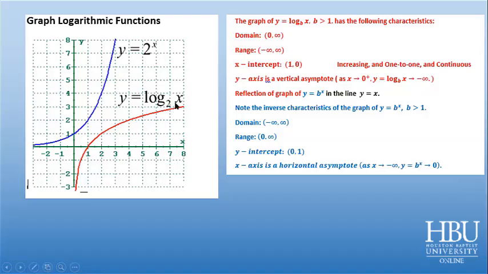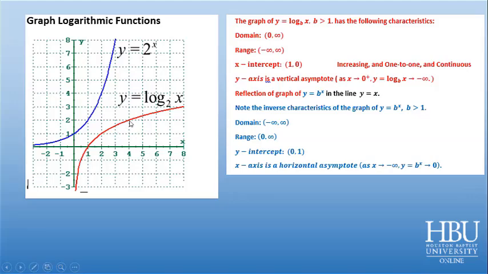If x were 2, the logarithm of 2 to base 2 is 1 because 2 to the first power is 2. So the point 2, 1 is on the graph.